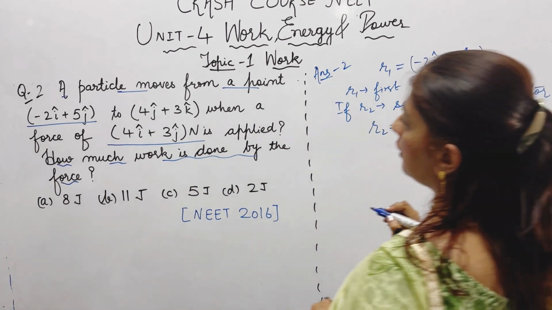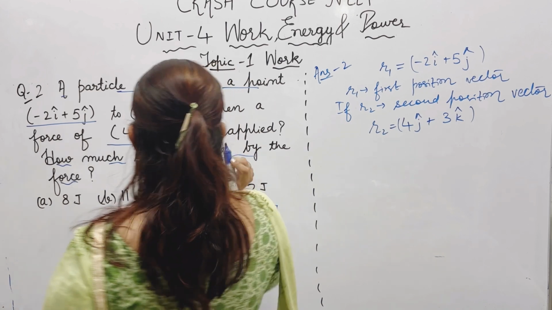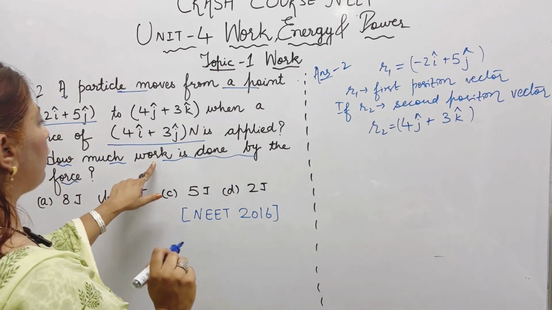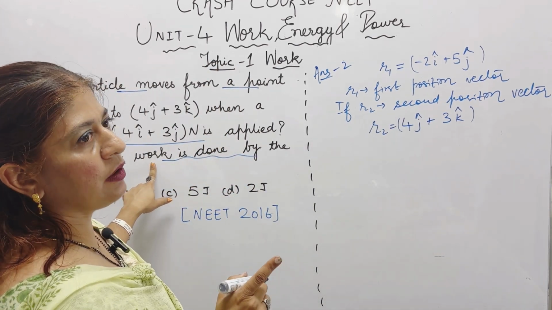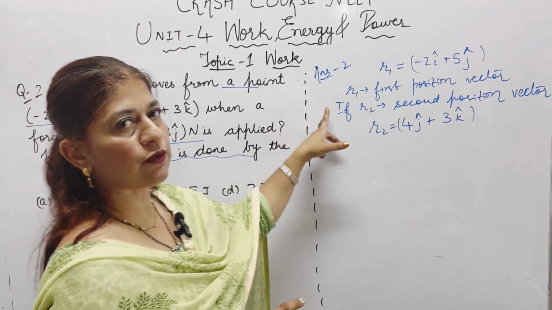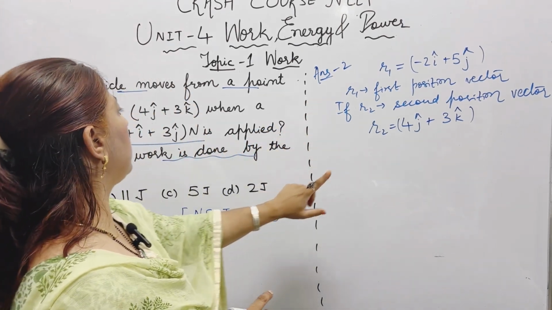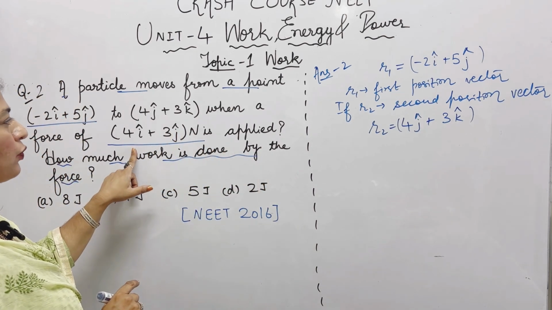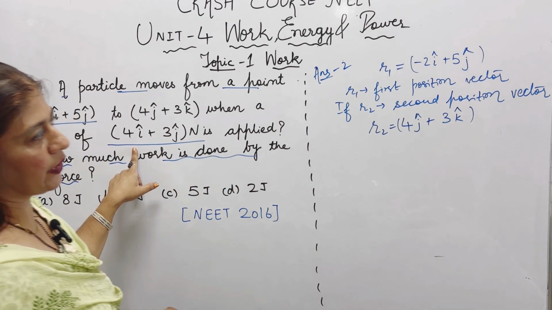Now, the force this much is applied to it. We need to find out the work done. Work done is the force into the displacement. From these two position vectors, we will find out the displacement, and then we take the product of that with the force and we will get the work done.